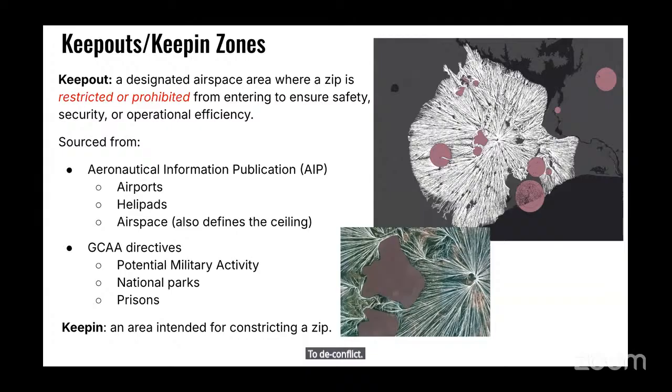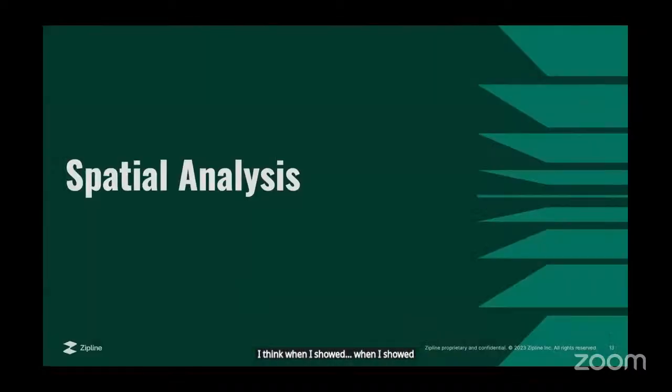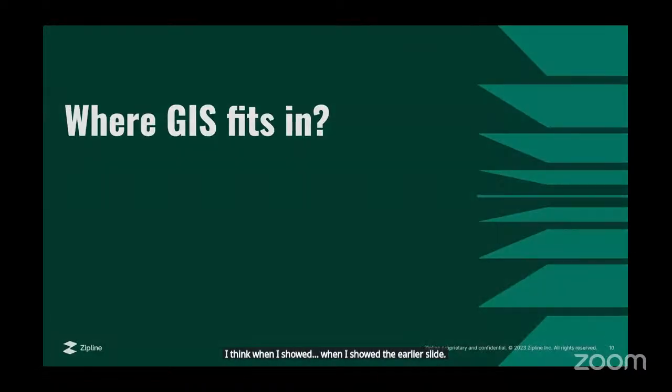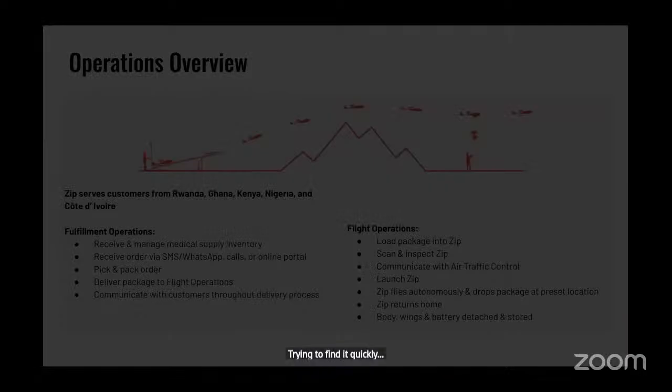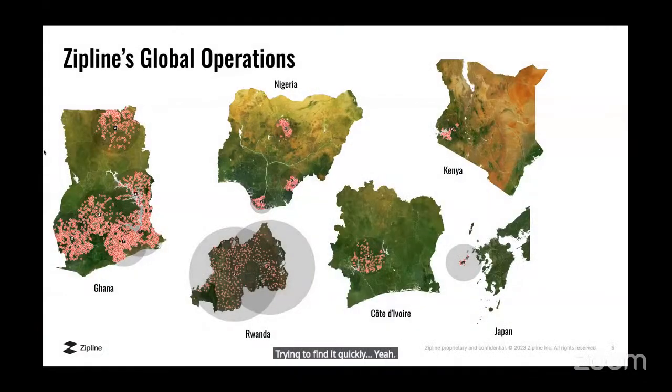What I mean by that is, I think when I showed the earlier slide, trying to find it quickly. Yeah, in here, you can see that there's some overlap, right? We have a bunch of zips that are launched from this distribution center, and a bunch of them launched from this one as well.